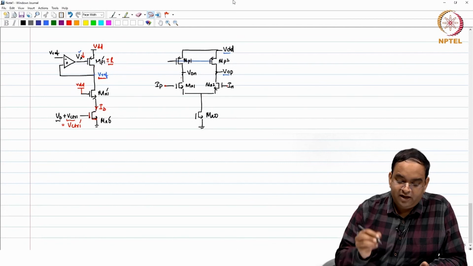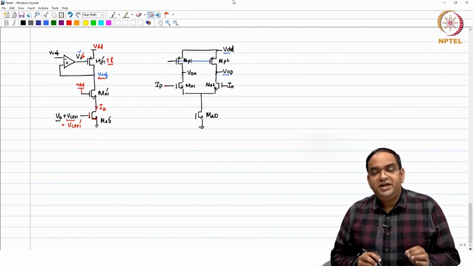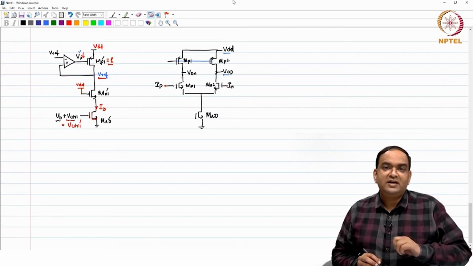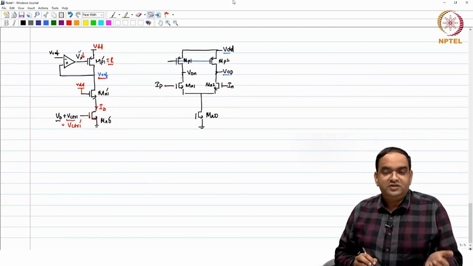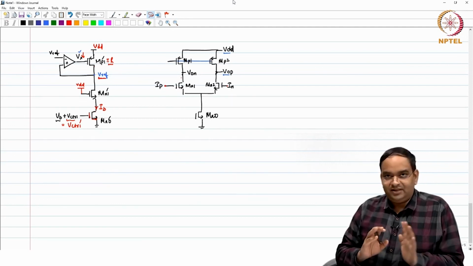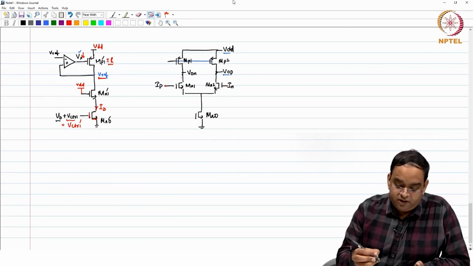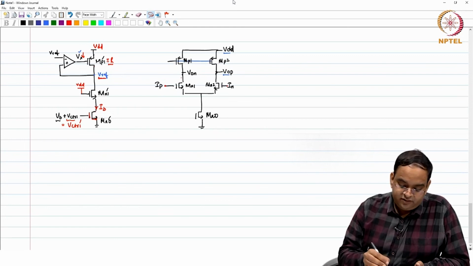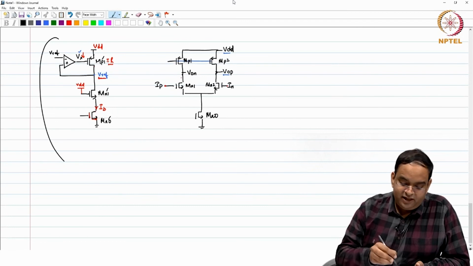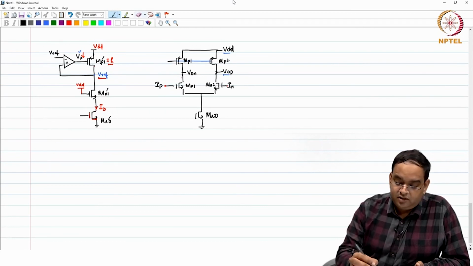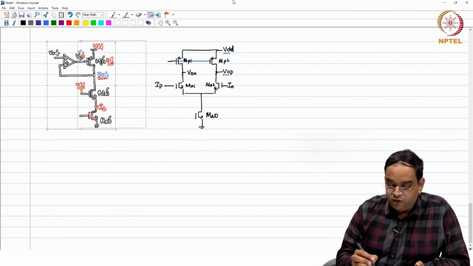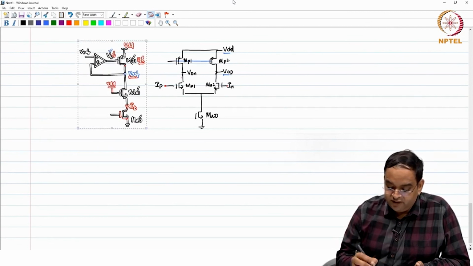You want to have the change in the current linearly related to the control voltage rather than using GM, because GM will depend on the control voltage itself. That is the nonlinearity which we are talking about. So, what we can do is linearize our current gain from V control using source degeneration.